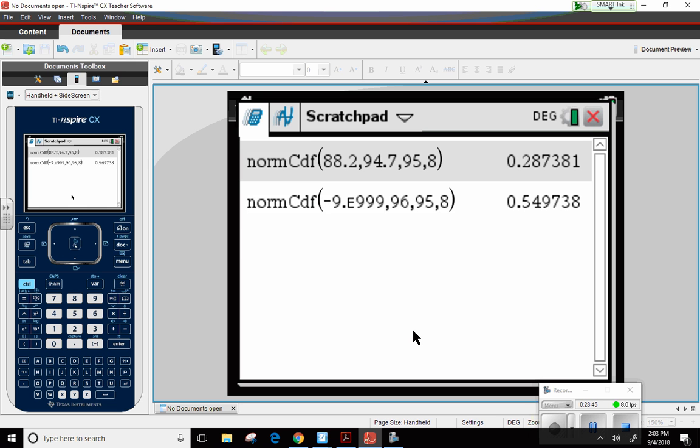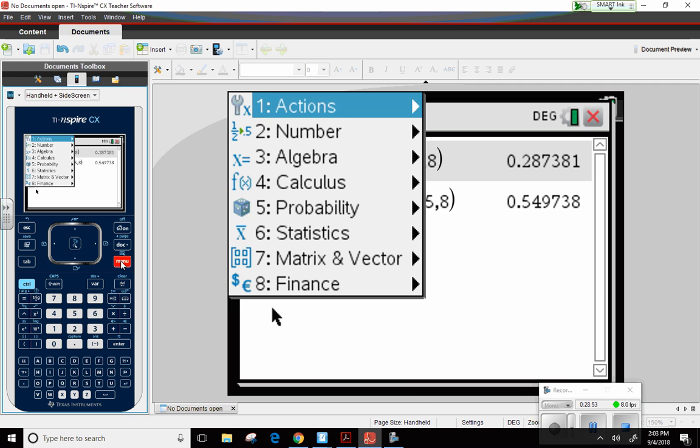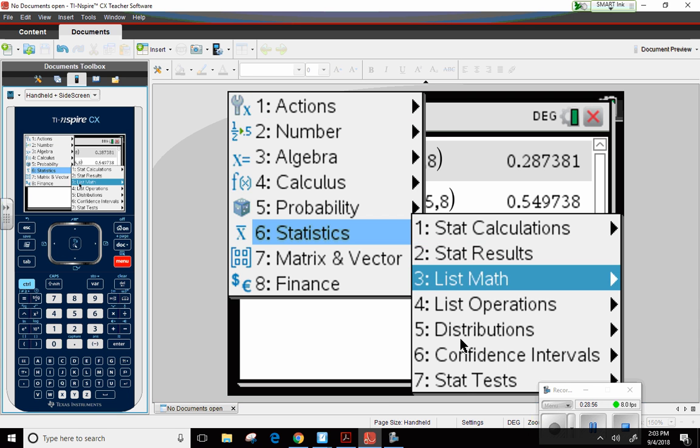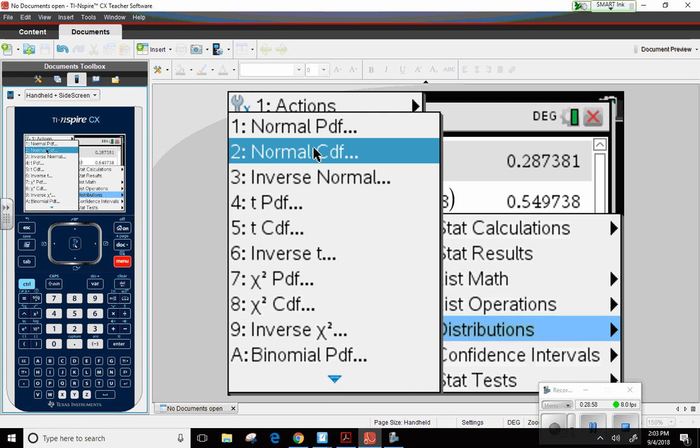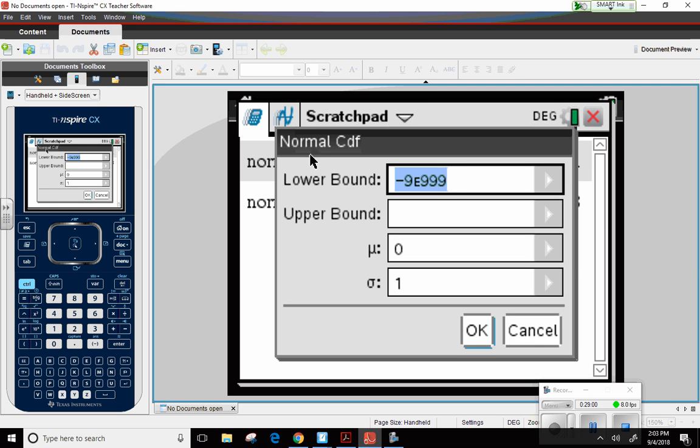I do want to go back and show you something very quickly, and then we'll stop for today. We'll use this as a review to start the lesson tomorrow. So we go menu, statistics, distributions, normal CDF, not PDF. Now, let's say you want a number larger than a particular value.